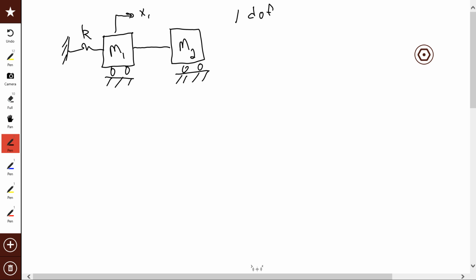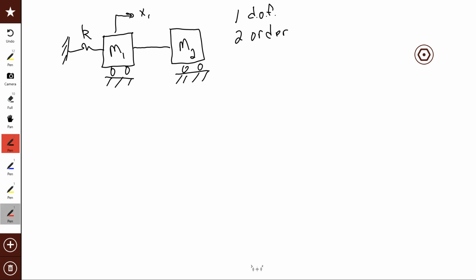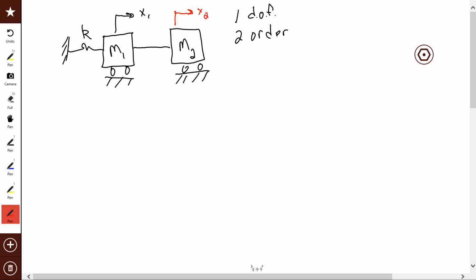The order is also second order. So you can't get much simpler than this. Now, 1 degree of freedom means you'll get one equation. It will have one flow variable, and obviously that flow variable would be x1. But I'm going to do something stupid, and put 2 flow variables in here, x1 and x2.